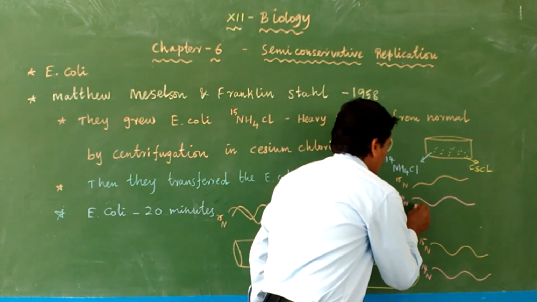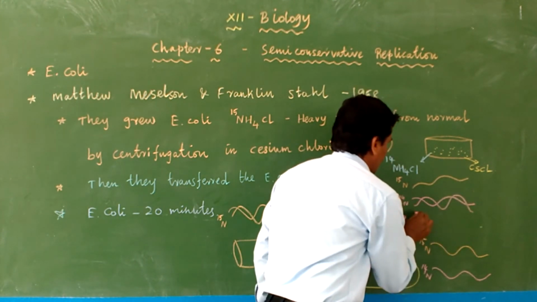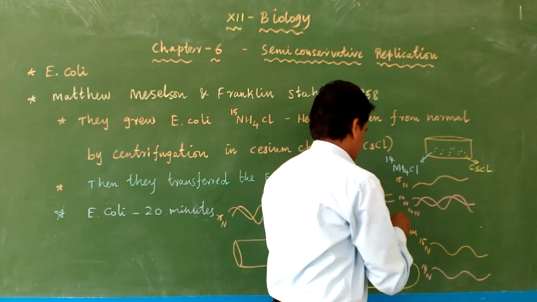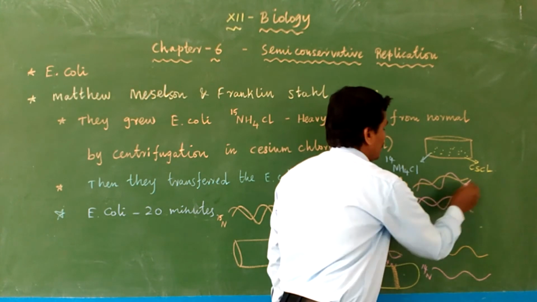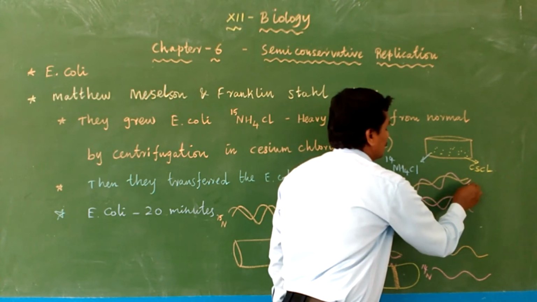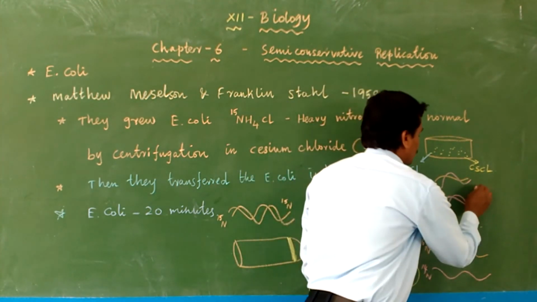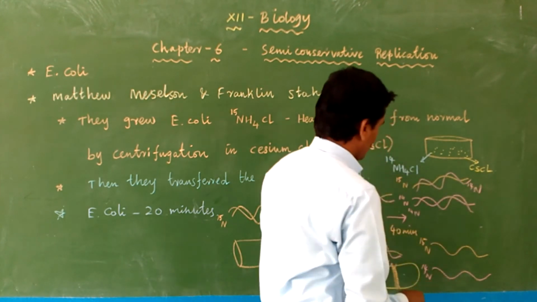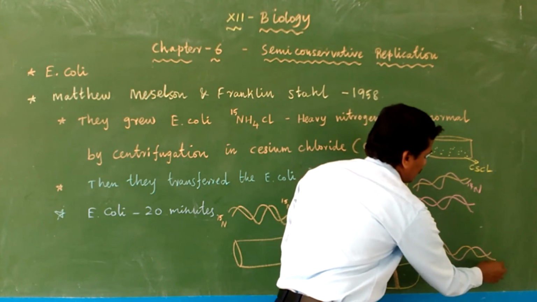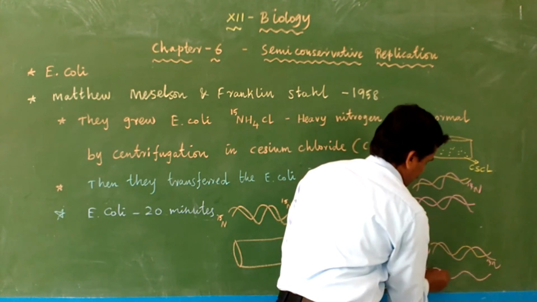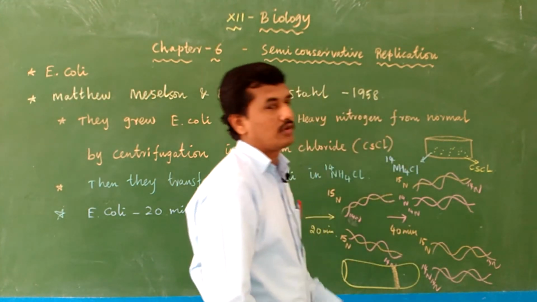So the newly synthesized strand contains N14. One strand contains 15 and another strand contains 14. Here the newly synthesized strands: the next one also contains 14, here 14 only. Two strands contain N14.